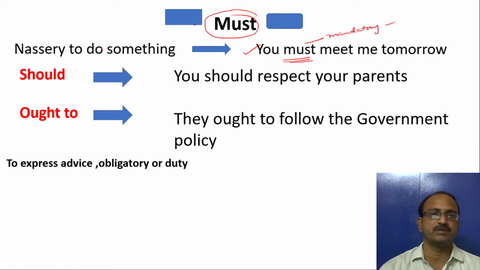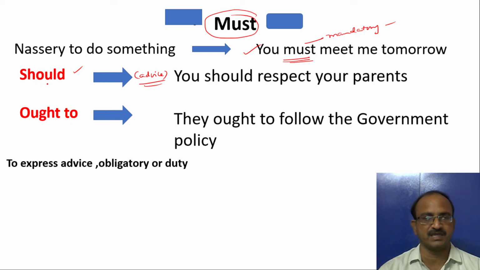Okay, come to this. Should. We use should for advice. Understand? Don't think should is the past form of shall. This is not the past form of shall. We use should for advice. You should respect your parents.